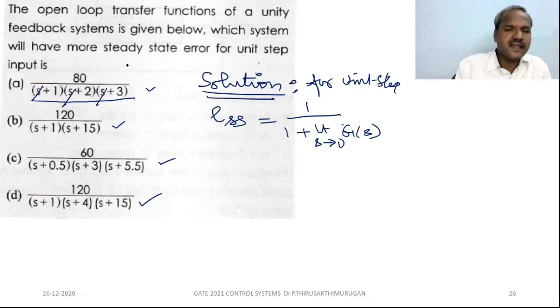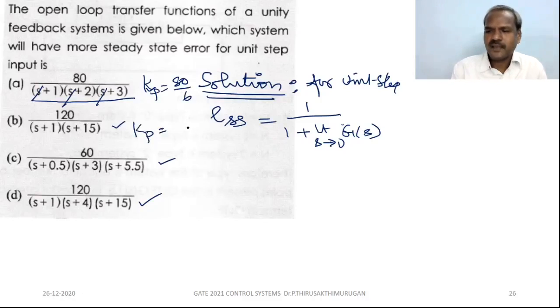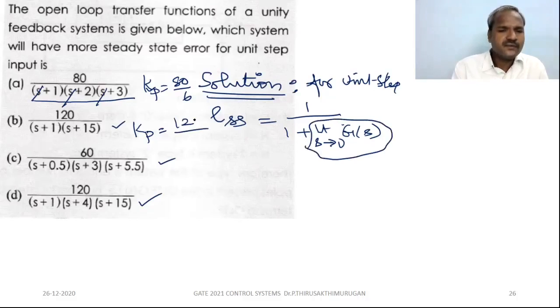80 by 6 is the Kp value here. For this, Kp equals 120 by 15. Applying the same rule, next, for this, S tends to 0 everywhere.